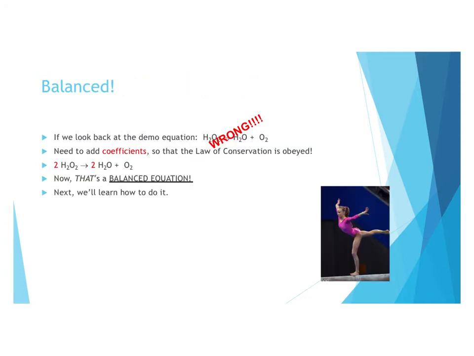All right, so if we look back at our demo equation from yesterday, this was this H2O2 equation. We can instantly see that this is wrong because it looks like we've got an extra oxygen appearing on the right-hand side. So how do we fix it in our equation? Well, we add coefficients. What do I mean coefficients?